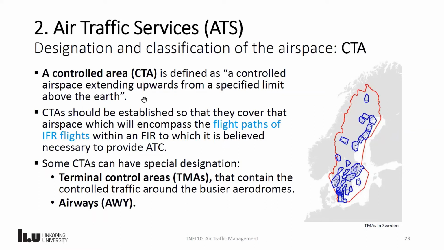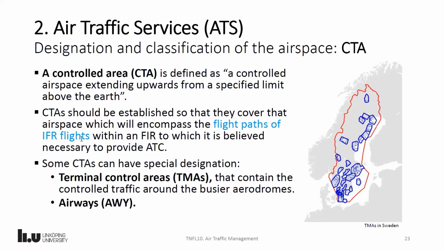We are airspace that are above a given altitude, and what the CTAs must do is that they must cover those airspace that will have the flight paths of IFR flights.